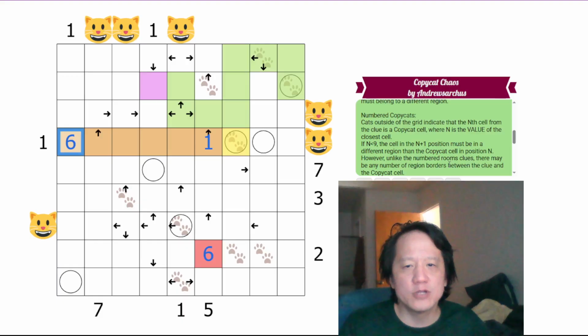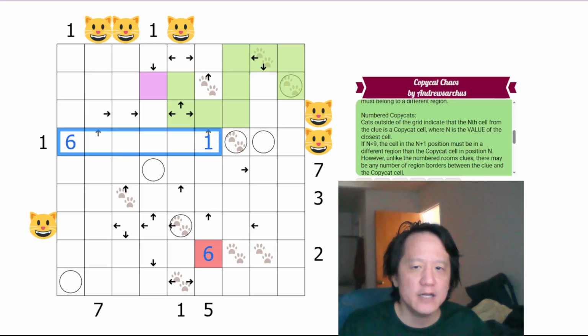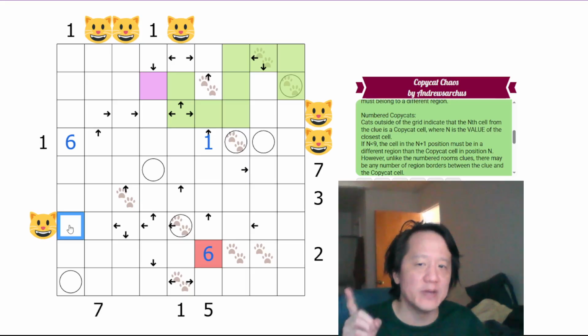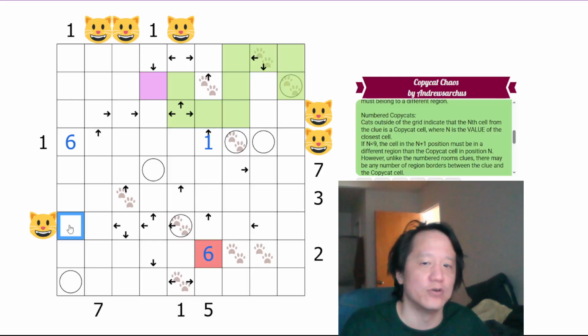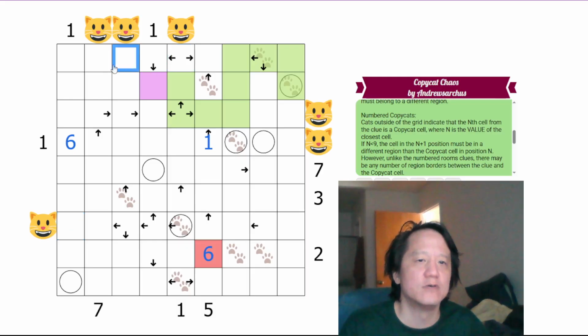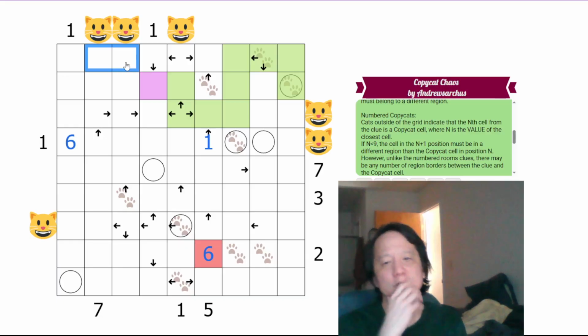We have numbered copycats, where cats outside of the grid indicate that the nth cell from the clue is a copycat cell, where n is the value of the closest cell. Oh, that's interesting.